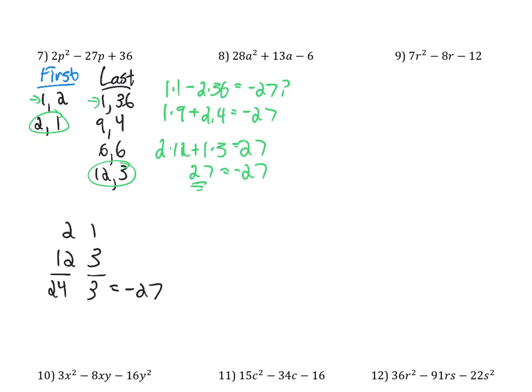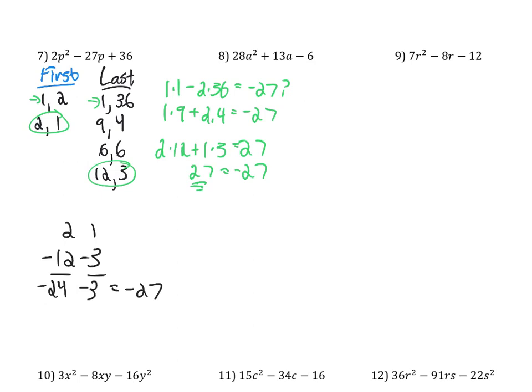Does 24 plus 3 equal negative 27? It does not. So what could I do to the numbers above, the 2 and the 12 and the 1 and 3, to get negative 27? Well, I could just make the 12 negative and the 3 negative. That would make negative 24. That would make negative 3, which would sum to negative 27.